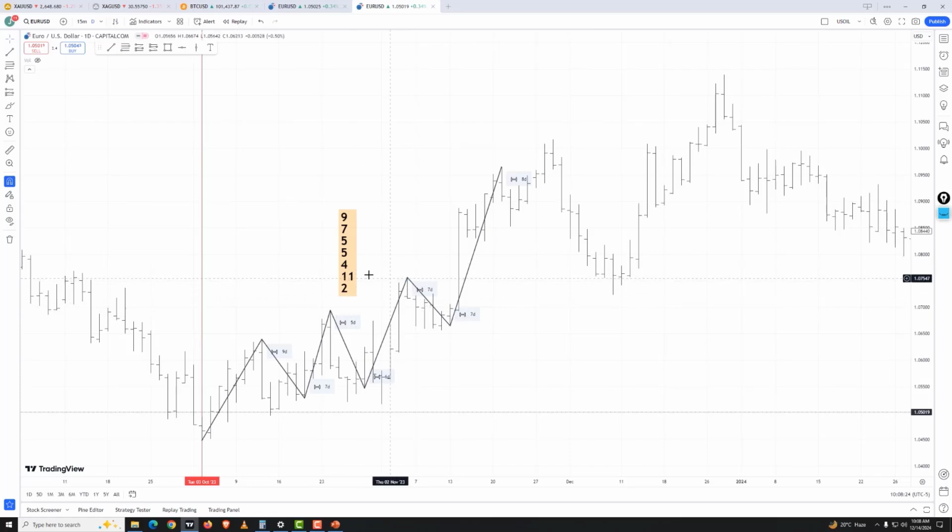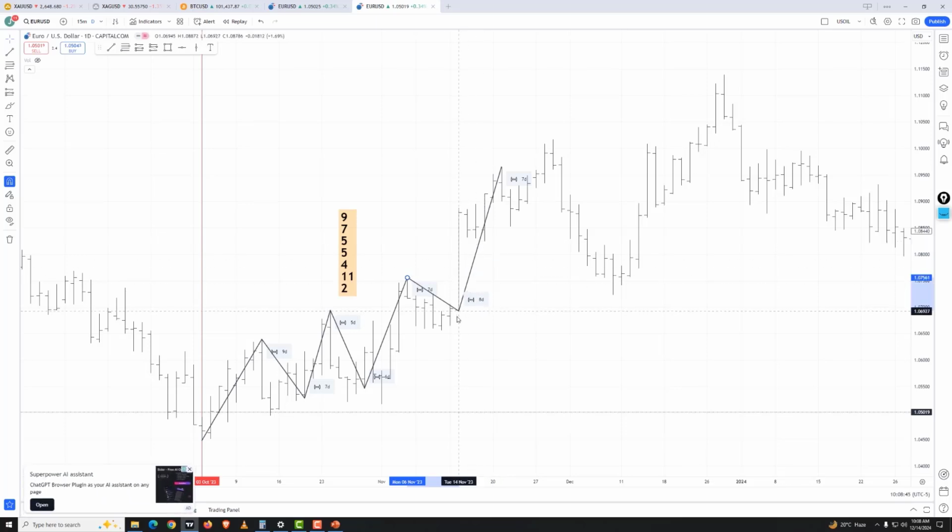Okay, now we have 11 days. It's off. We move the turn.